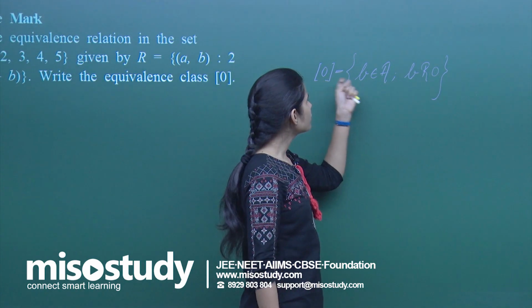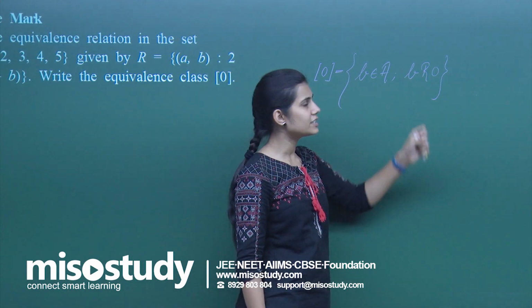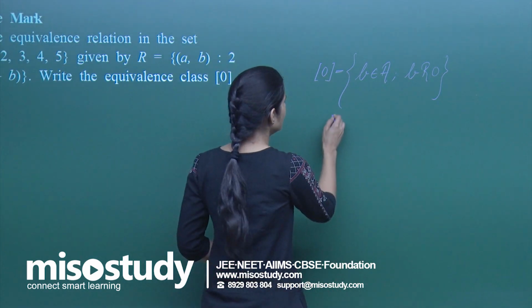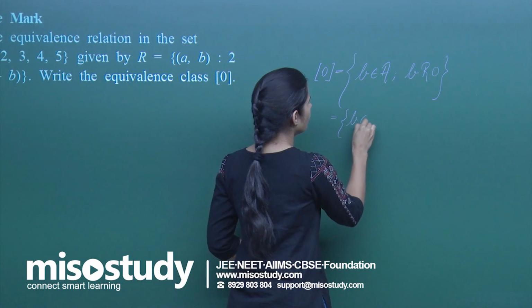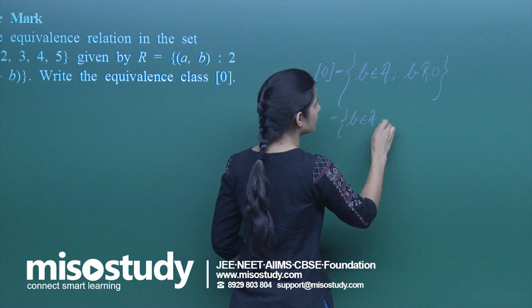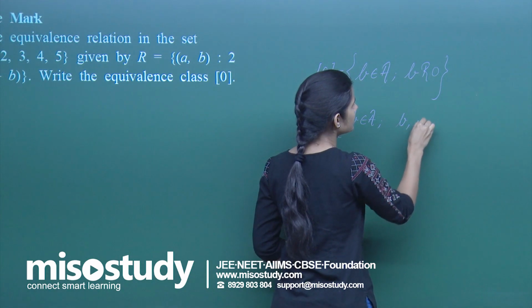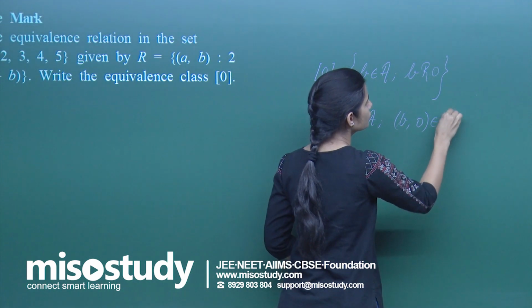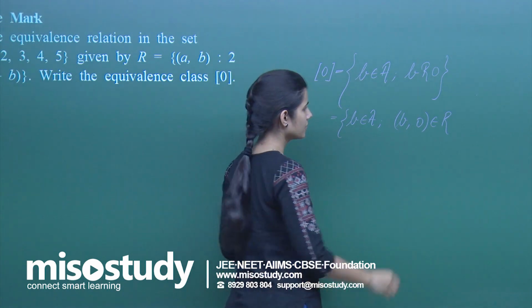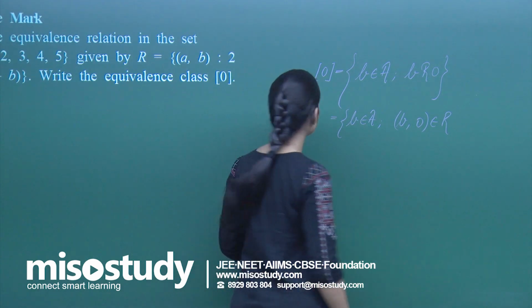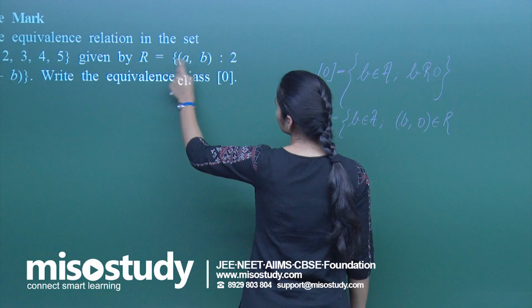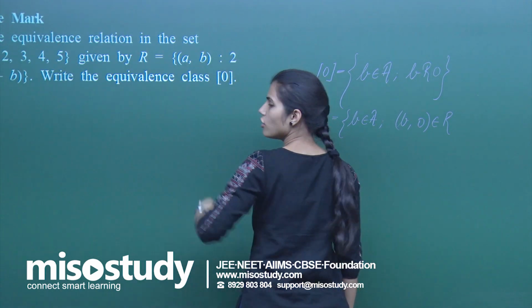Right now small a is 0, so all those elements which are related to 0 under the relation R. This means all those b belonging to A such that b is related to 0, that means (b, 0) belongs to R, because a is related to b under the relation R if and only if (a, b) belongs to R.